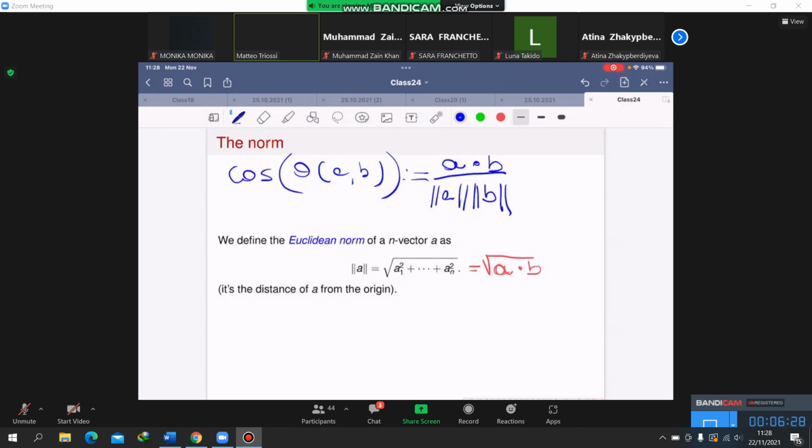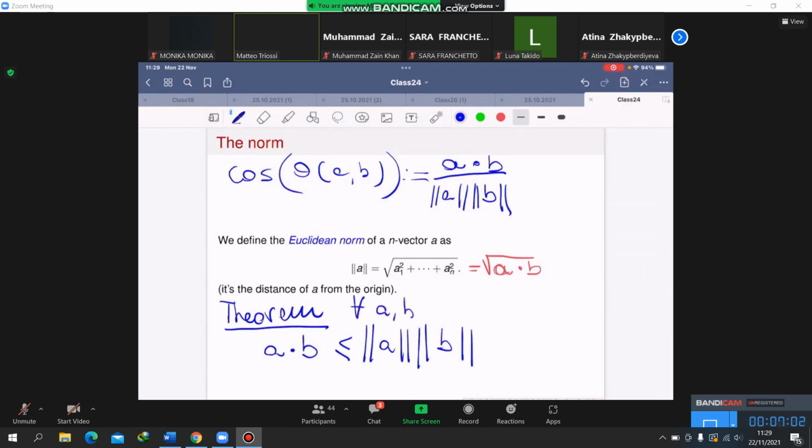But there is another result, a theorem actually, that this number is between 0 and 1. That the inner product of A and B is smaller or equal than the product of the norms of A and B for all A, B in Rn.